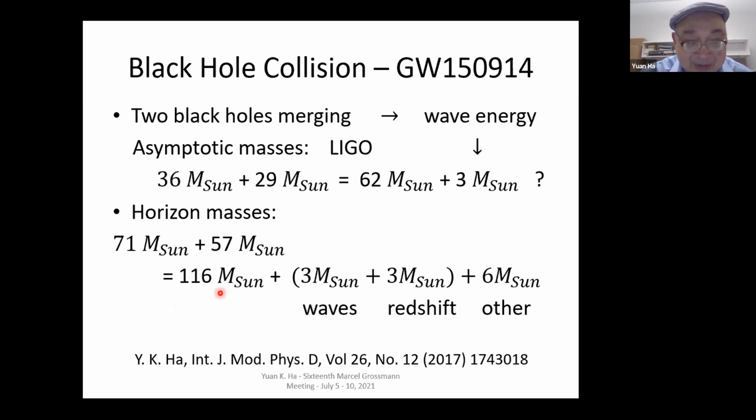The final black hole has a mass of 116 solar mass units. 3 units are for the observed gravitational waves. 3 units are the redshift energy, and the remaining 6 units are for other factors. Since we use round-off numbers here, and there were uncertainties in the determination of these masses by LIGO, and there's a further cosmological redshift, which requires energy.